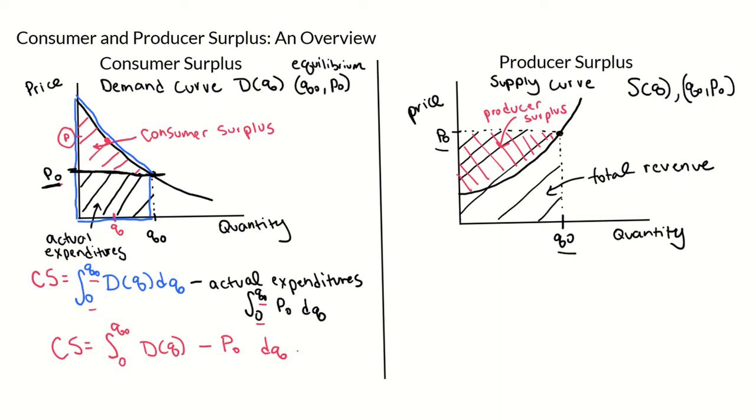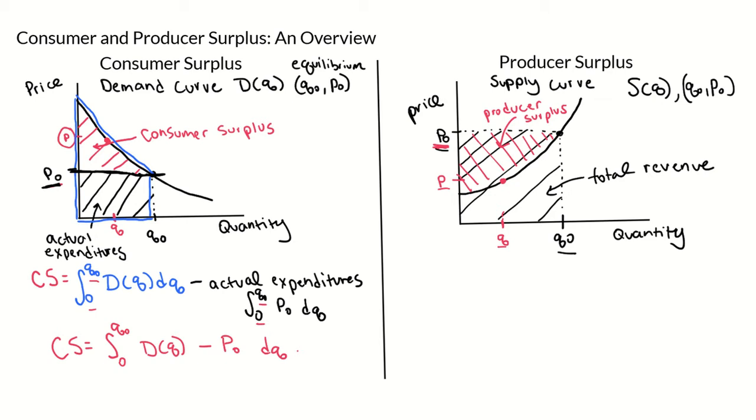So what that means is, let's say that this was our Q. Consumers were willing to pay this price at that quantity sold, but they ended up paying this price instead. So that's how we get this surplus, this producer surplus.